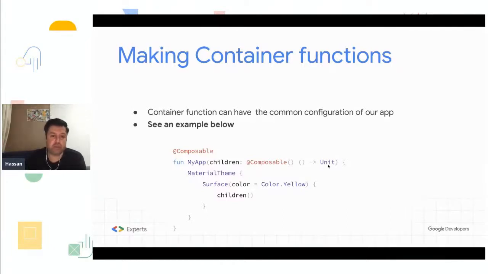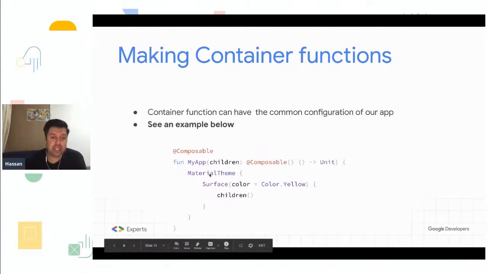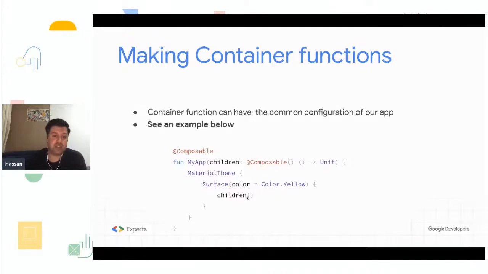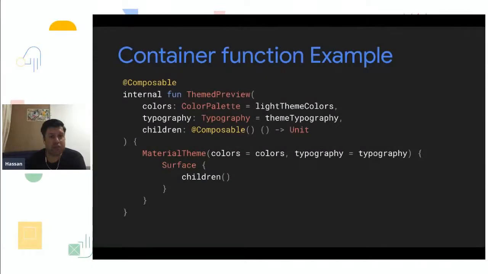All composable functions return Unit. And then somewhere here, encapsulated inside MaterialTheme, you can have these children. So here you can have one composable, then inside another composable. That's how you make your UI hierarchy. So, okay, let's go to the next part.